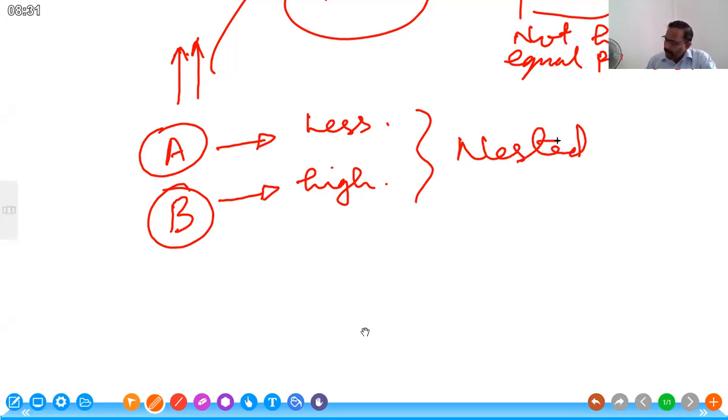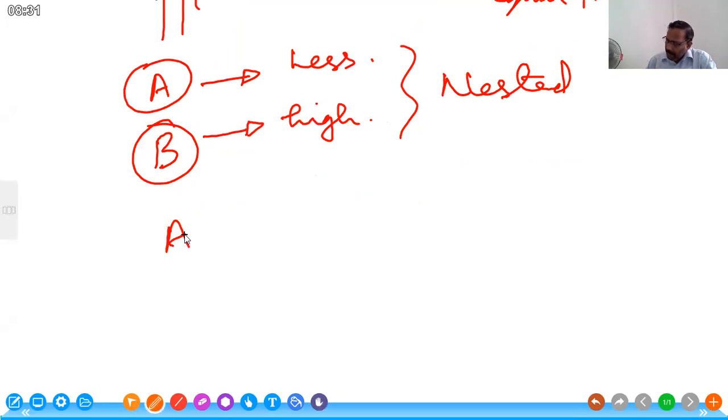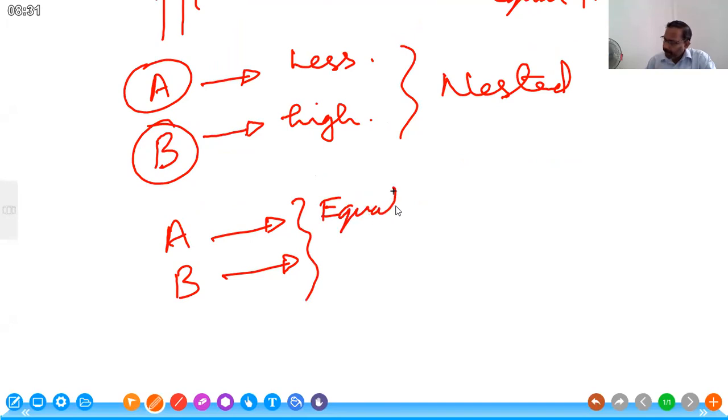But in factorial, look at these two factors, A and B. What do you think? Equal precision. A is treated similarly, B is also treated similarly.